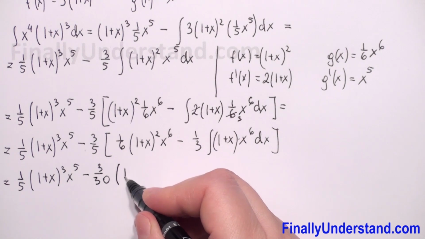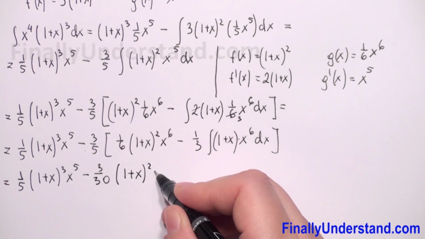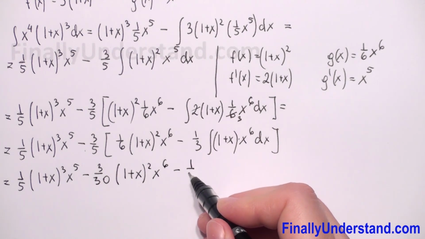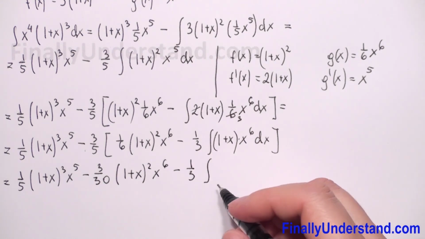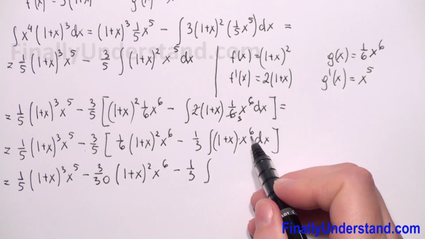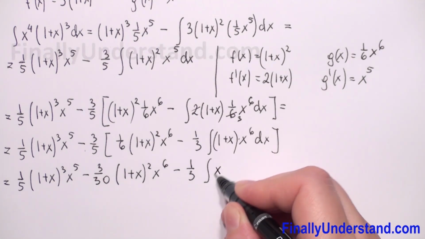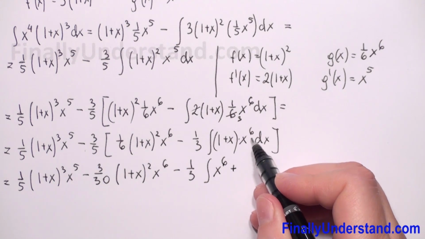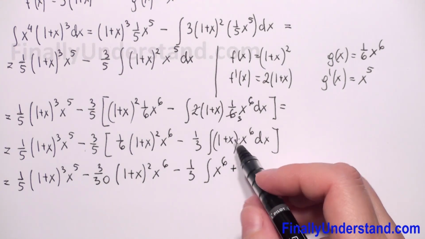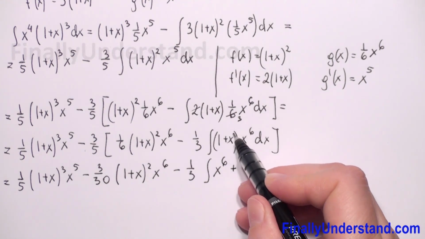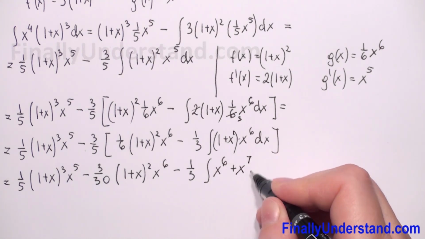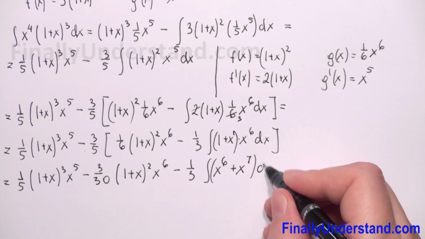We have (1 plus x) squared, x to the 6th power, minus one third times the integral of 1 times x to the 6th power, which is x to the 6th power, plus x times x to the 6th power. We have the same base, so it means we need to add exponents. Here we have an invisible 1. 1 plus 6 is 7. This is the integral with respect to x.